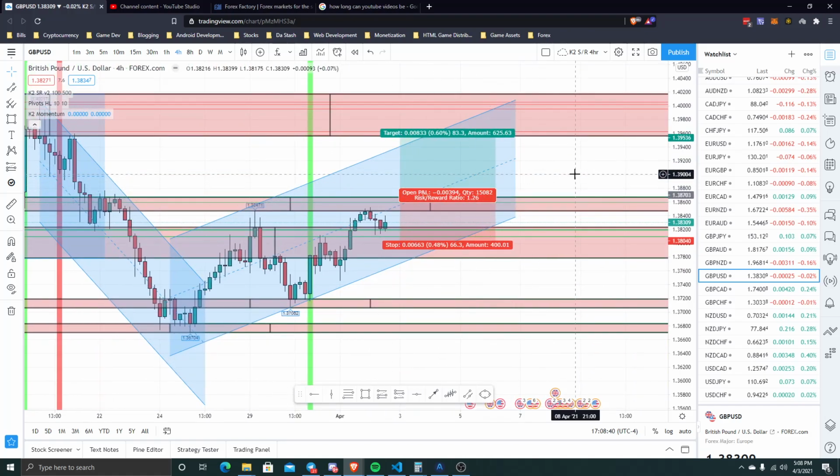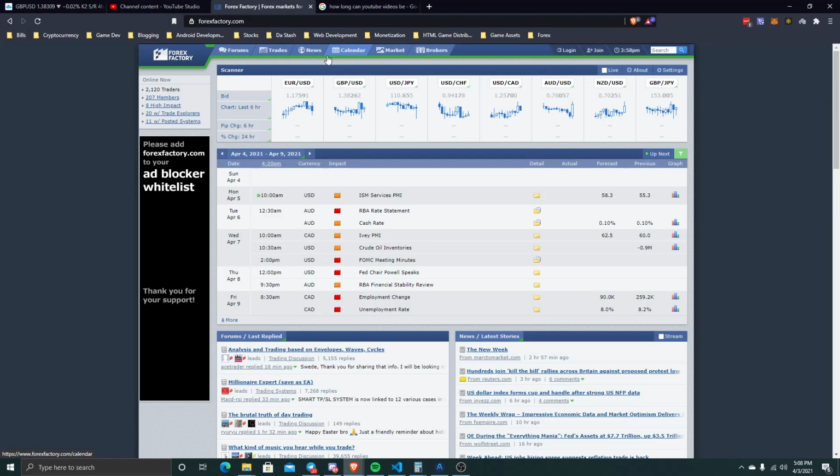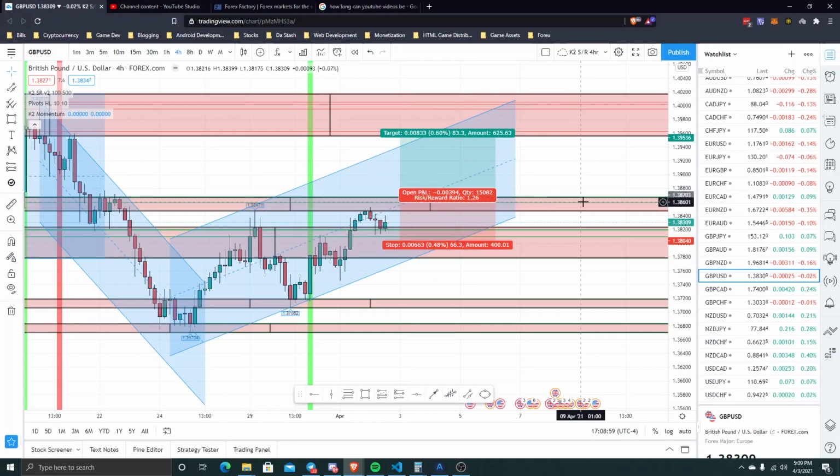But like I said, for this upcoming week with GBP USD, there's no really major. Well, actually there is major USD news. Chair Powell speaks on Thursday, and then we had the ISM Services PMI on Monday. So we just have to wait and see what the news does to the GBP USD pair.